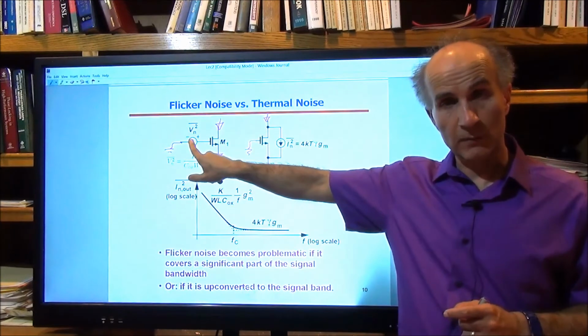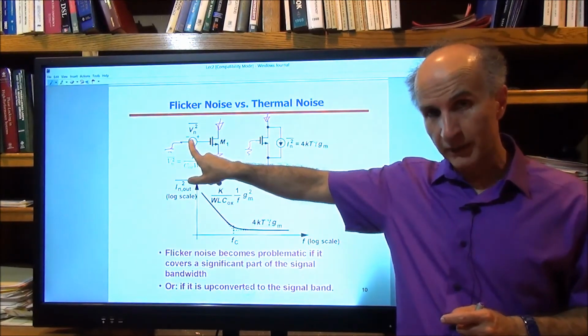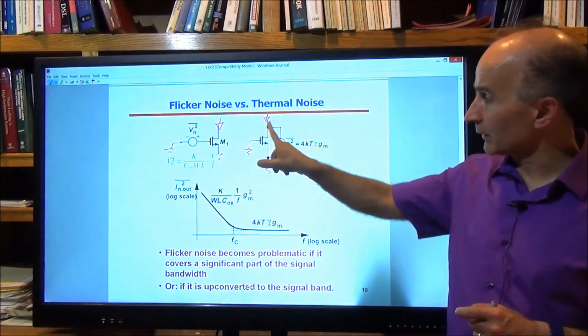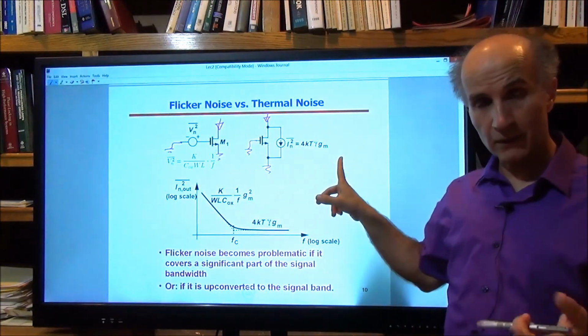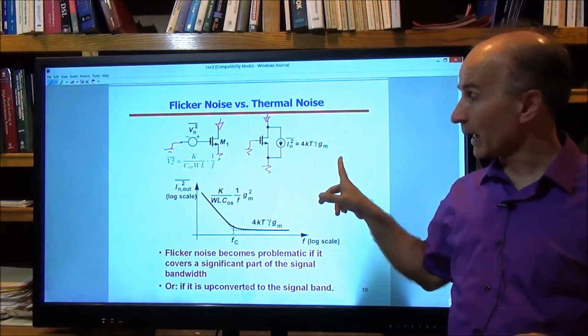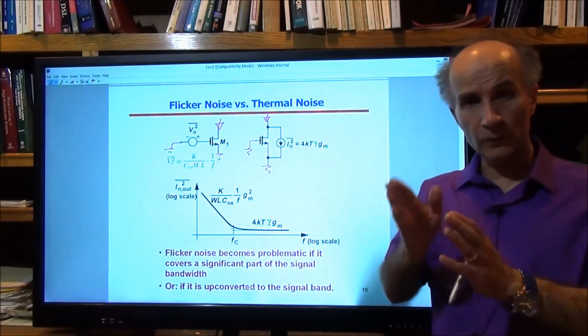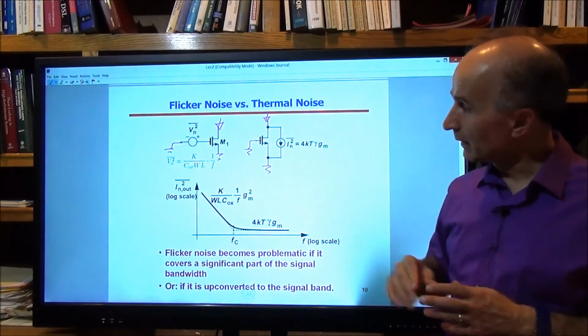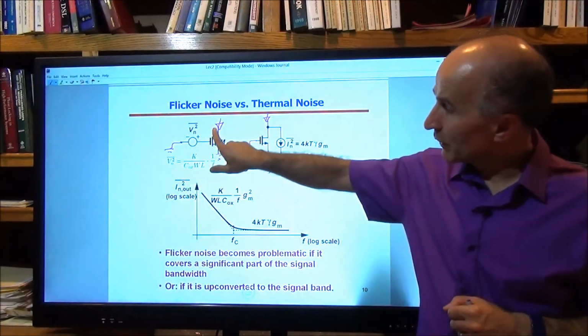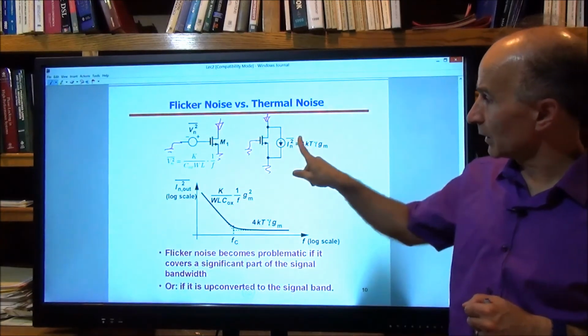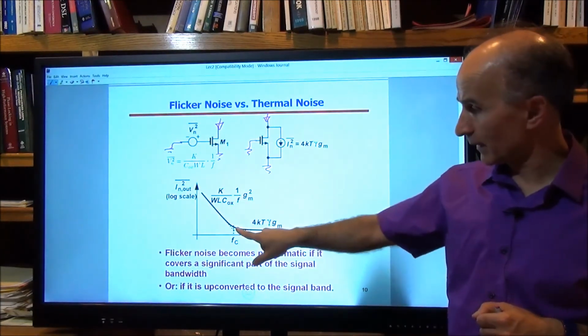This voltage source will be multiplied by Gm squared when it translates to a current here. And then we have a current here which is just 4kTγGm, that's the spectrum. So now we can compare these two because they are both currents and they're both flowing through the same wire. If we multiply this spectrum by Gm squared, we get this. And then we have this one as the white noise, so that's this.